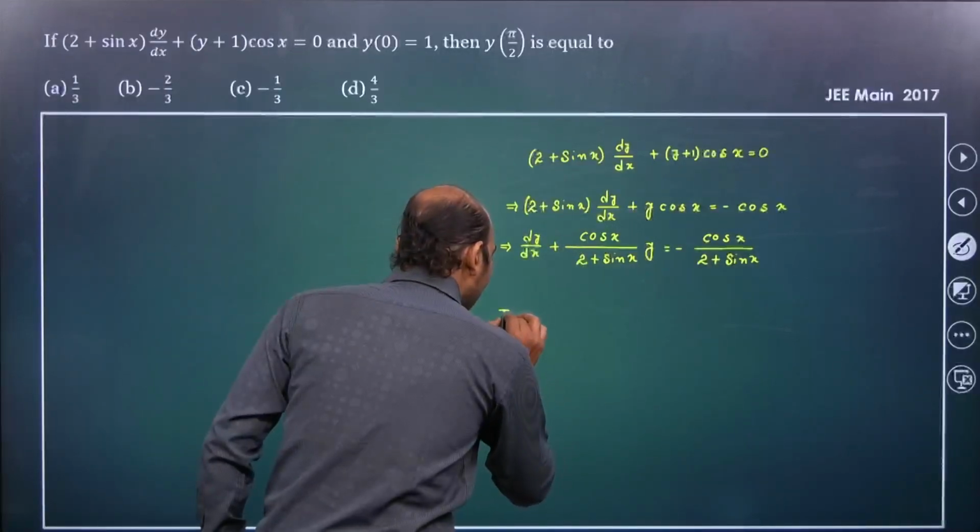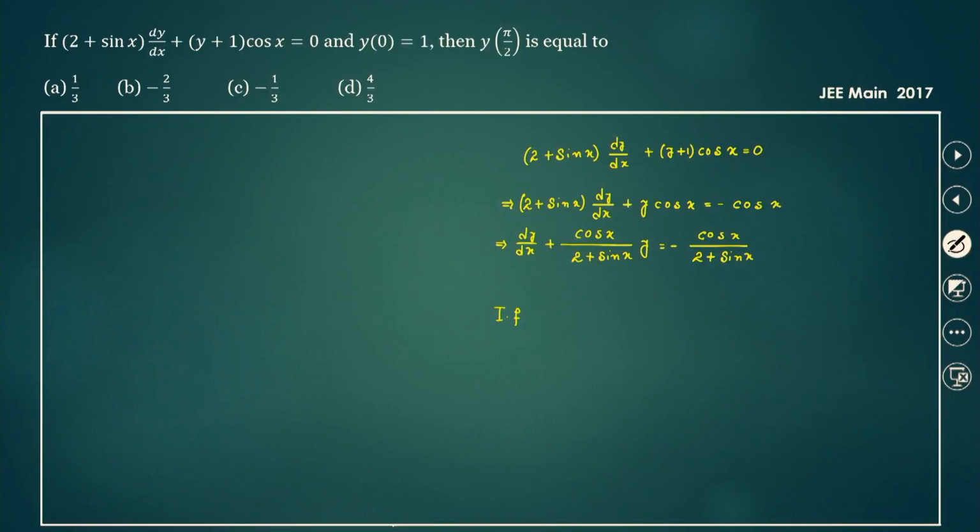That's why you have to find the integrating factor, okay? Let's write down that it is a linear ordinary differential equation. Then the integrating factor, IF, is equal to e to the power of the integration of cos x divided by 2 plus sine x.